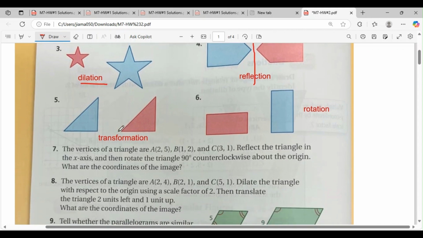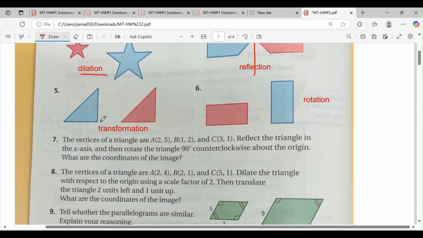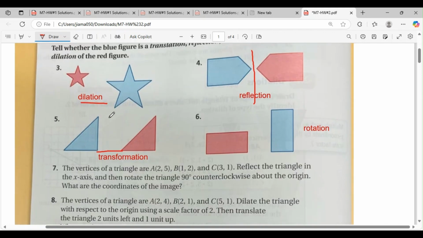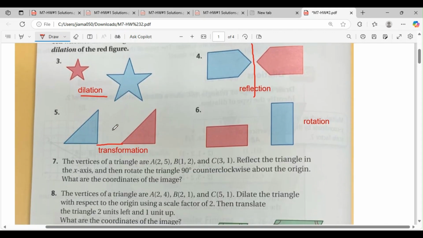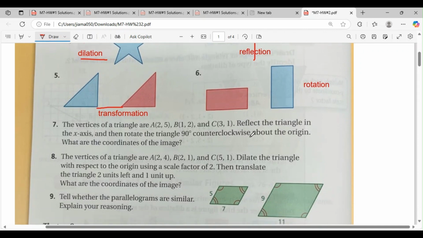Okay, the two triangles, this is translation because they also have the same sides. So if we move one to the other, we can see they are the same one. Okay, number 6.